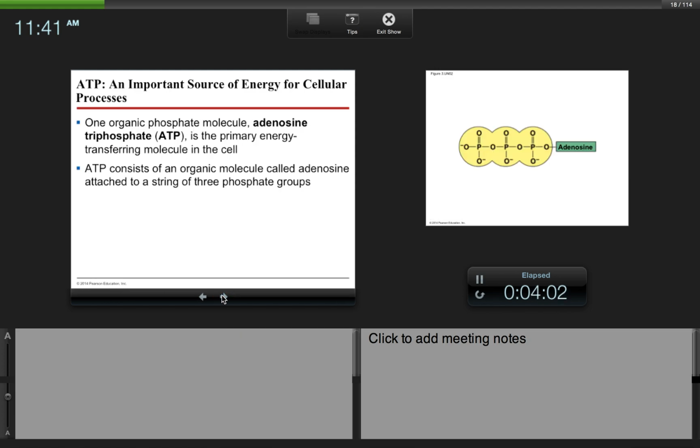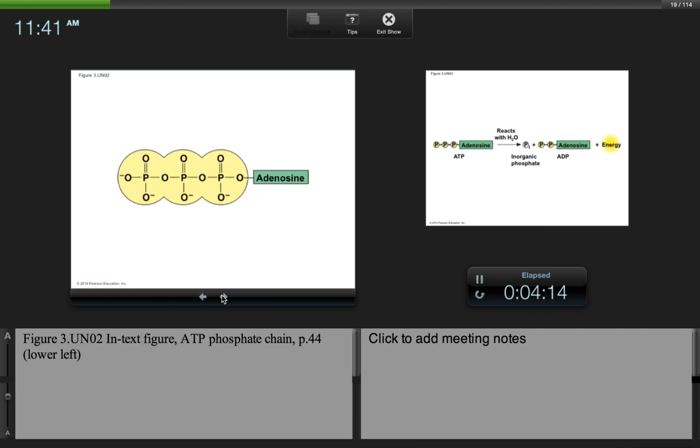One organic phosphate molecule, adenosine triphosphate, ATP, is the primary energy transferring molecule in the cell. ATP consists of an organic molecule called adenosine attached to a string of 3 phosphate groups. So here's ATP. ATP can store an incredible amount of energy because ATP is a very highly unstable molecule because of these negative charges that repel.